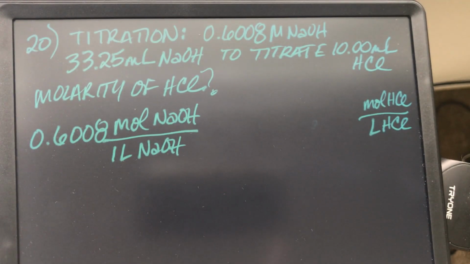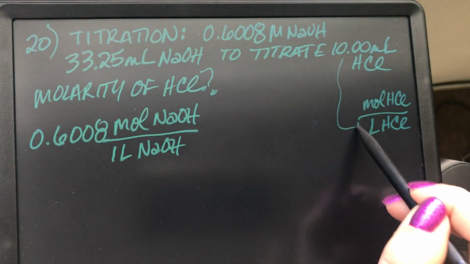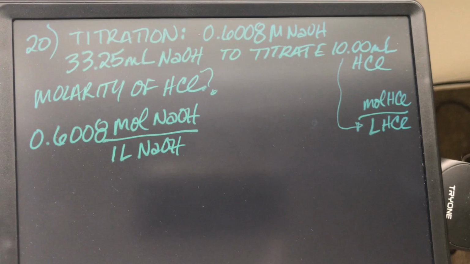So we already have a volume of this, right? It's not in liters, we need to convert it to liters. But we have a volume. So the only thing that we need is moles of HCl, right? So how do we get moles of HCl?